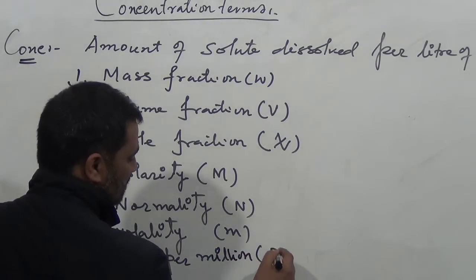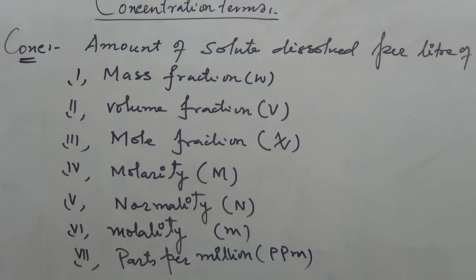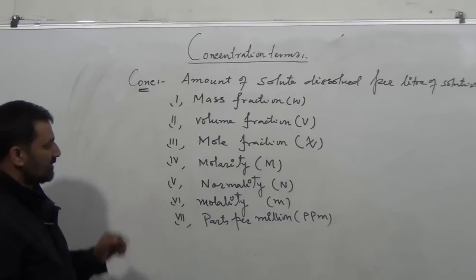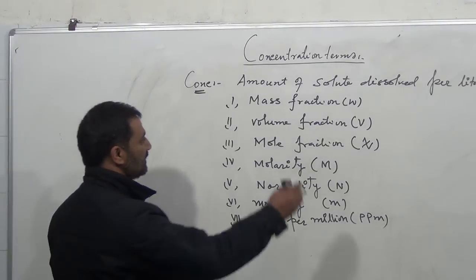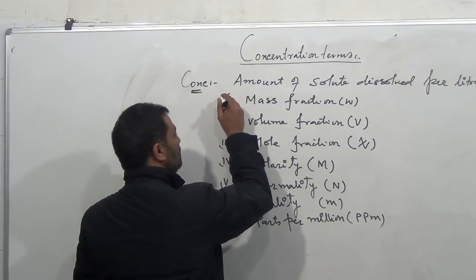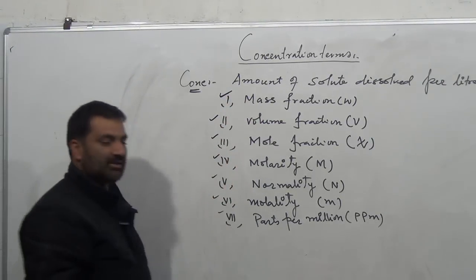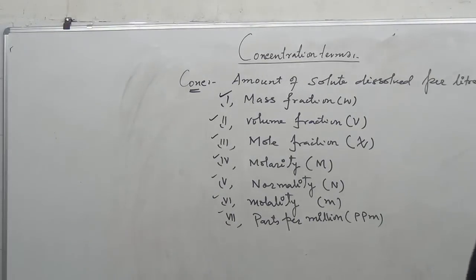It is denoted by ppm. So these are the concentration terms in the syllabus of class 12th. We will take all these concentration terms one by one in detail, and we will be doing a few numericals on it.